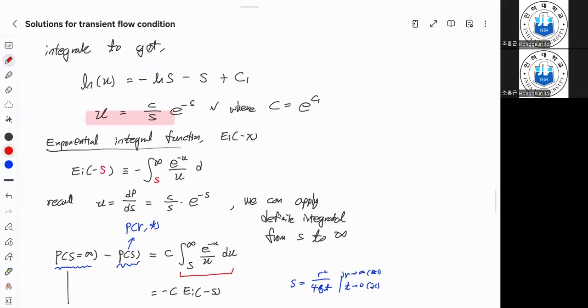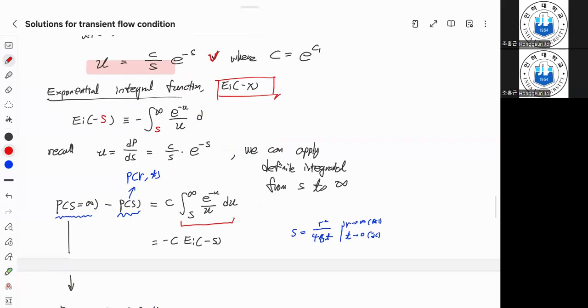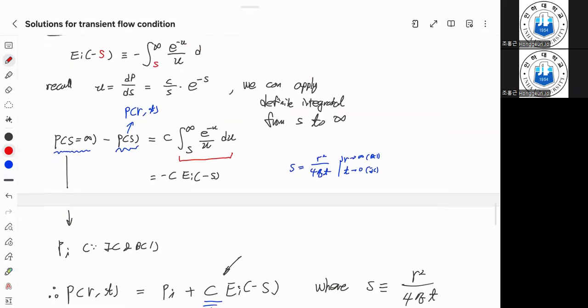And again, we have an additional integral to the outcome, but this form is not straightforward. So that's how we use this exponential integral function, which is Ei(-x). If we have this function, then we can now explain the final solution in this way.